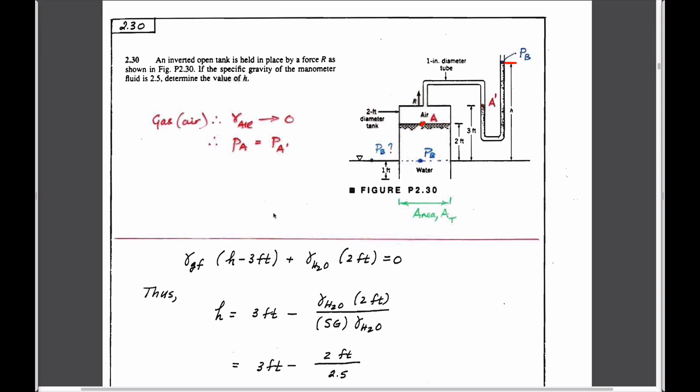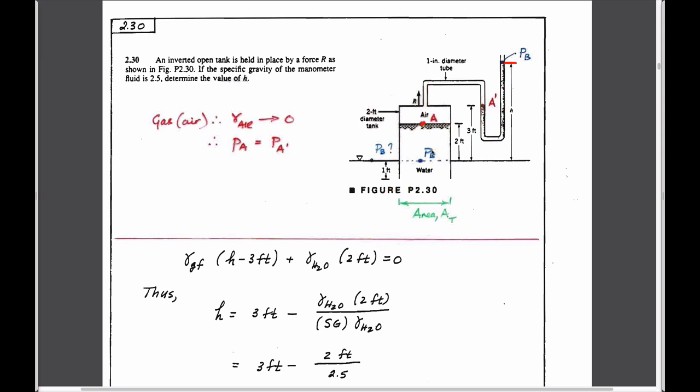So what we can do is work from this point here and work our way down through the system to come up to a pressure here that we ultimately know. This pressure we know has to be equal to atmospheric pressure because it's simply connected from this point. So by definition, the pressure here has to be equal to atmospheric pressure.